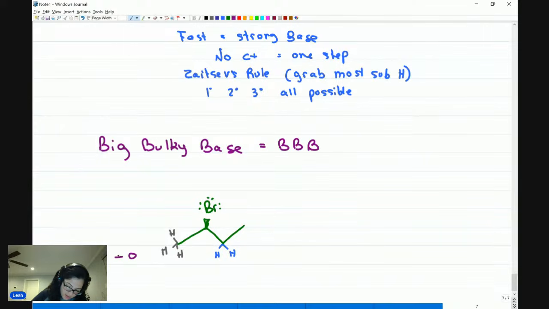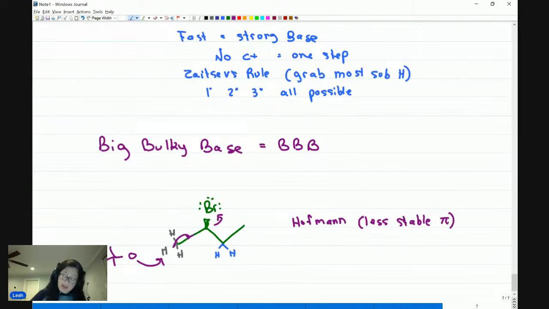We'll grab from the end. So we grab it off the end. This will give me the Hofmann product. And the Hofmann product, that is the less stable pi bond. But don't think of it as a less stable pi bond. Think of it as I can either grab the less substituted hydrogen or grab nothing. So I'm going to choose the less substituted hydrogen over the nothing because, if that's the only option, that's the option I'm going for.